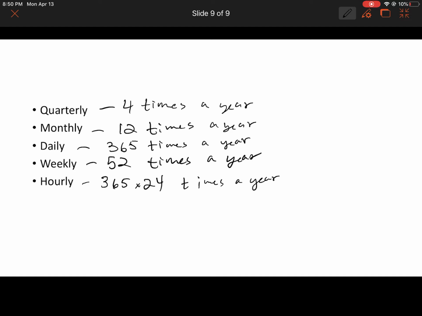Though you should know how to get to that number on your own. Okay. So 8,760 times a year is actually for hourly. Okay, since there are 8,760 hours in 1 year.